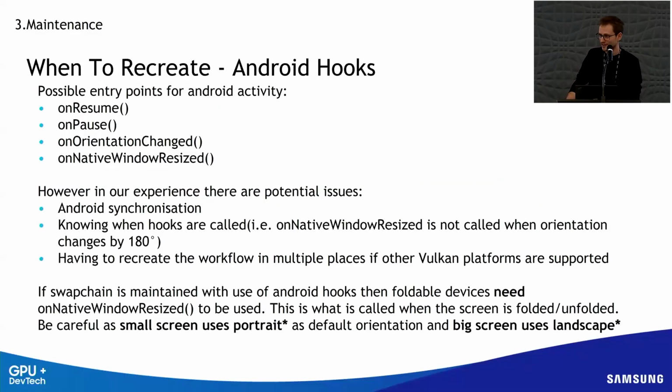Yesterday, we also learned that some people don't get the warm and fuzzy when using Vulkan, so you might want to skip using Vulkan altogether for your recreation. You can just use entry points from your platform. In this case, Android hooks. I work at Samsung, I know mobile.